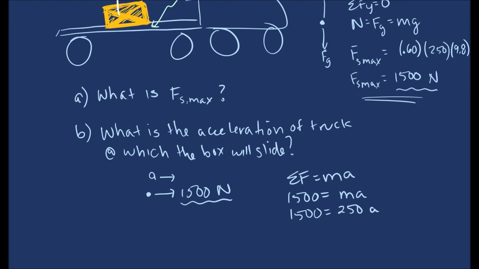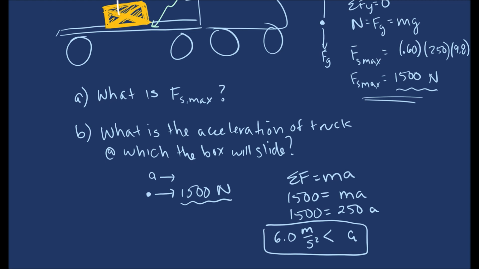So we get that when acceleration equals 6 meters per second squared, as soon as it is greater than 6 meters per second squared, that is when the box will begin to slide.